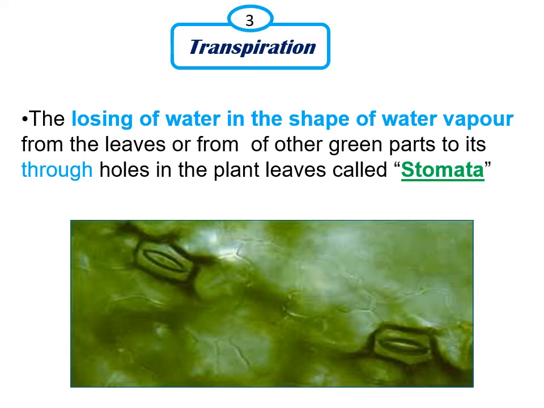This water vapor is lost from holes or openings located in the plant leaves called stomata. Note that a single opening is called a stoma, while the group of openings are called stomata. So, stomata is the plural of stoma.